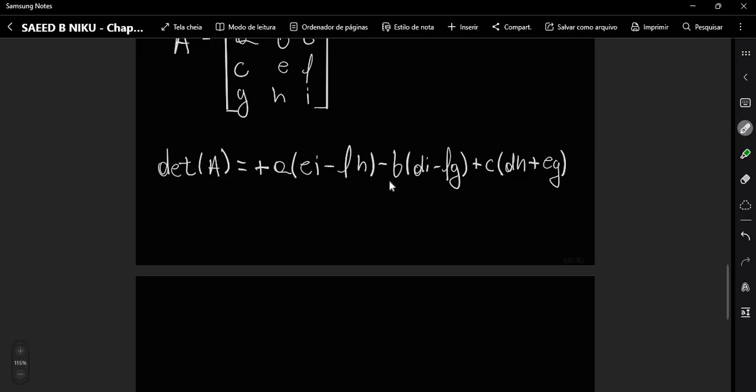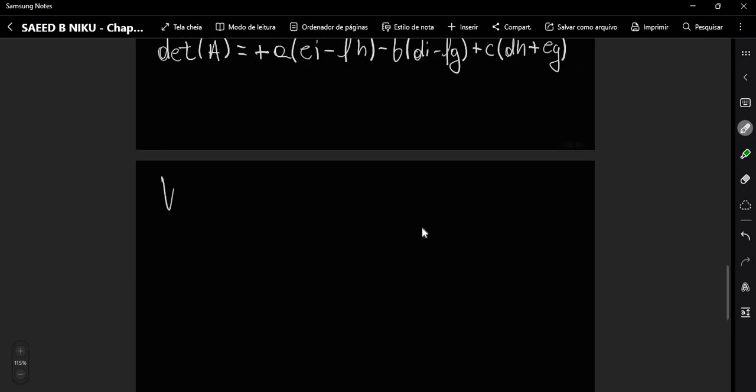I think I didn't say find the minors. So we need to find the minors, we need to find the matrix of the cofactors, and we need to find the adjoint matrix. So let me write this.